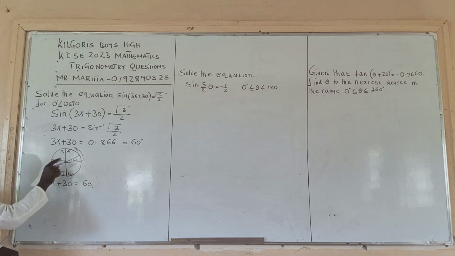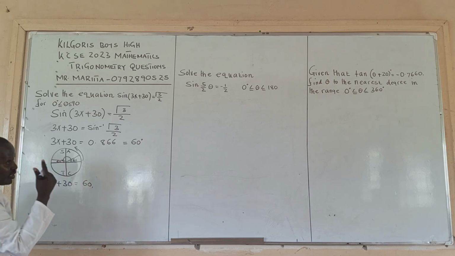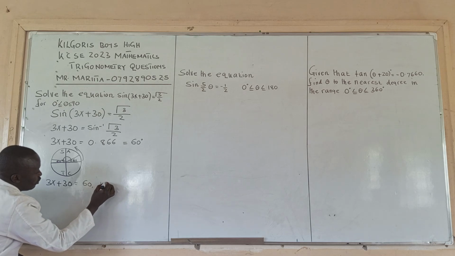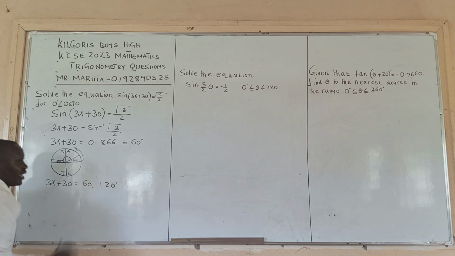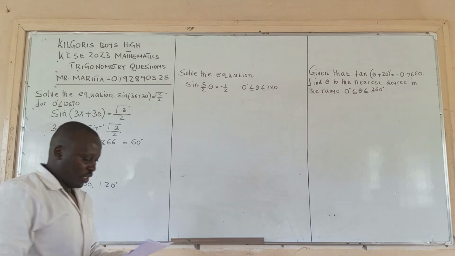So the acute angle here is 60, and we subtract it from 180 degrees. So 180 minus 60 gives us 120 degrees.